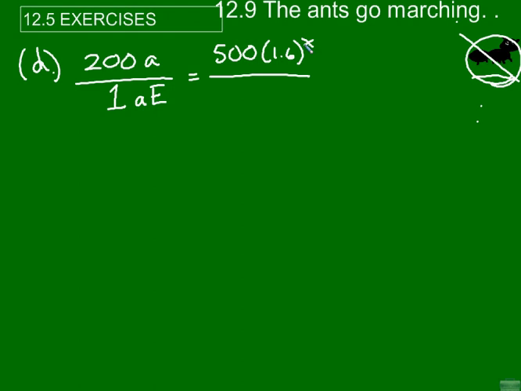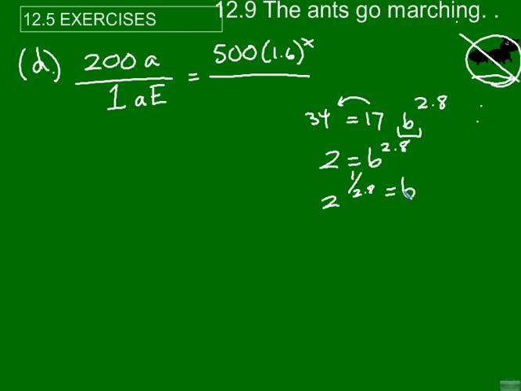All right, well, let's do that. It says that at the start there were 17 anteaters, and it's doubling every 2.8 weeks, right? So if I double that, that's 34. And so if I simplify this thing, then I can get my b value. So here we go. 17 into 34 goes in there twice, equals b to the 2.8 weeks. If I take this to the 1 over 2.8 root, then my b value is 1.28.